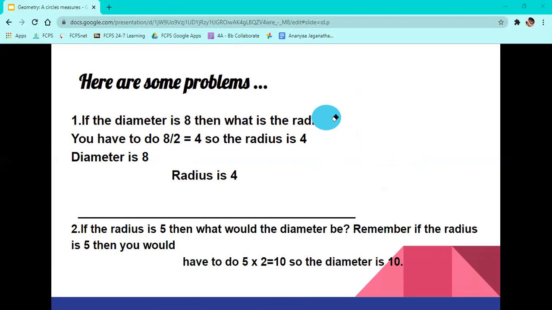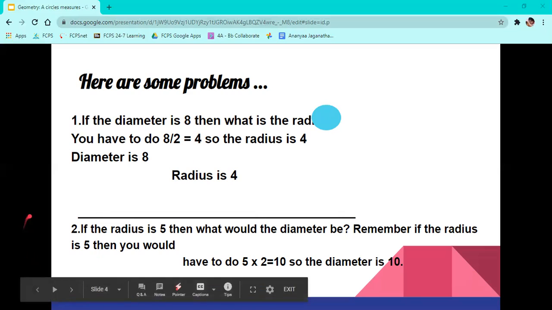So you have to do 8 divided by 2 and you have 4. The radius is 4. If the radius is 5, then what would the diameter be? Remember, you would have to do 5 times 2 equals 10. So the diameter is 10.